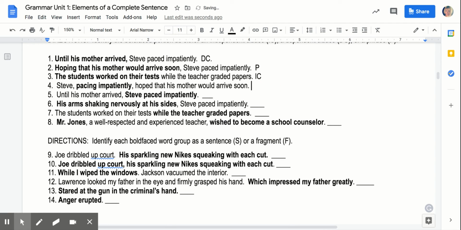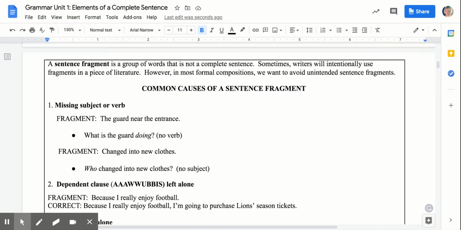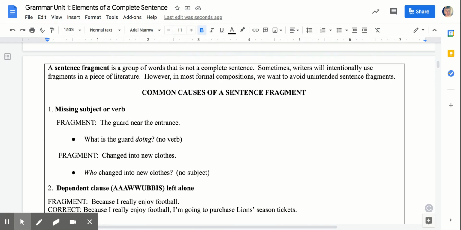Okay, Steve, pacing impatiently, hoped that his mother would arrive soon. Okay, so notice that I don't have a subject and a verb. I have pacing impatiently. Pace is a verb. Its ing has been added to it. Okay, so I have to ask myself, is this a dependent clause or an independent clause or a phrase?